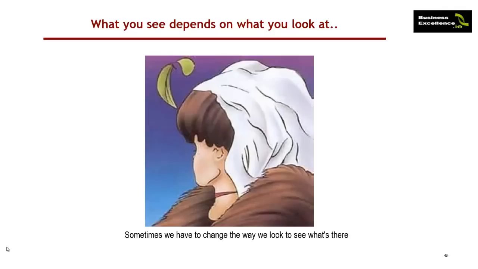The young woman has a feather in her hair, dark hair, and she's looking off into the distance. She's also wearing a necklace. The old woman could probably be best described as a witch. She has a big chin, a big nose, dark hair, and again a feather in her cap, and she's looking downwards. Sometimes, like we said, we see certain things, and sometimes we completely miss certain things.